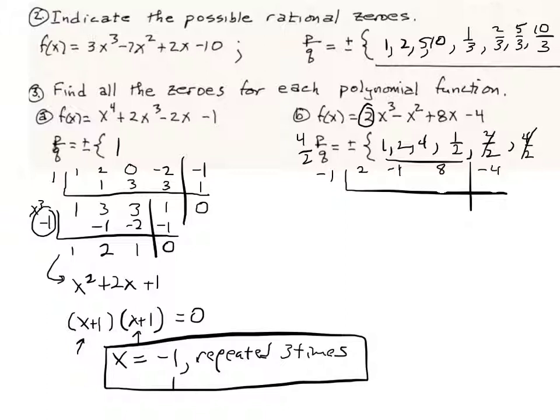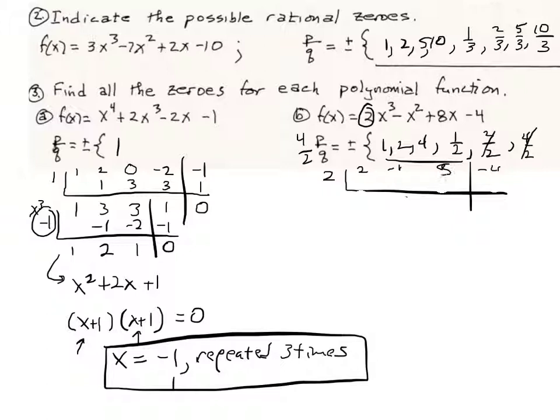Okay, so we're going to start with -1. 2, -2, -3, 3, 11, -11, that makes -15. Alright, so that's not going to work either. So again, we need to try a different one. Alright, so let's try 2.